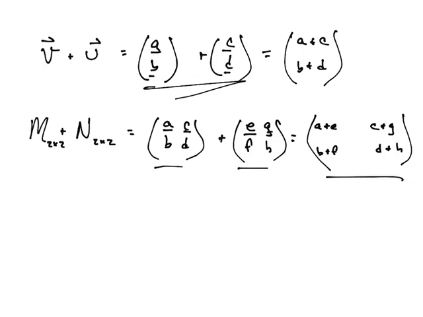I get a 2 by 2 matrix. The elements of this 2 by 2 matrix are just the sum of each element of the original matrices. So the first element of my answer is the first element of M plus the first element of N. Likewise for second, third, and fourth, and so on.